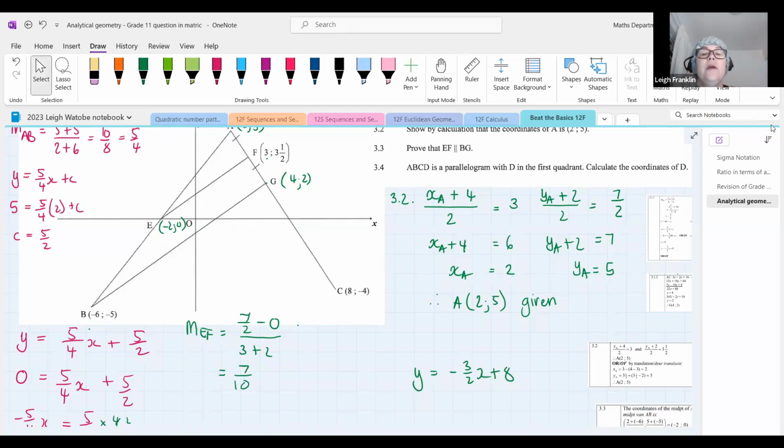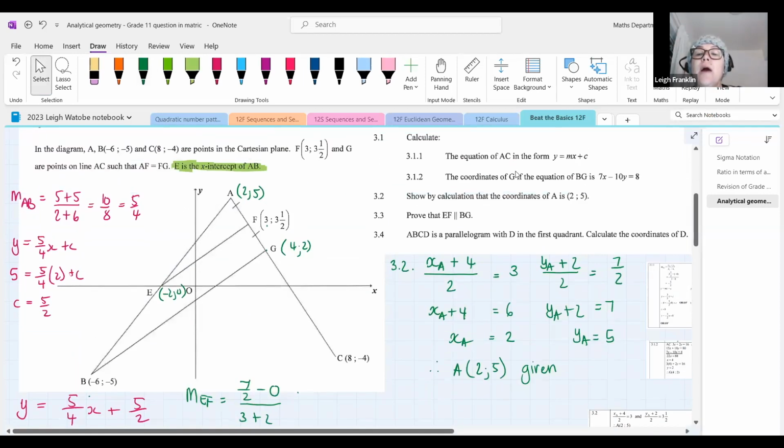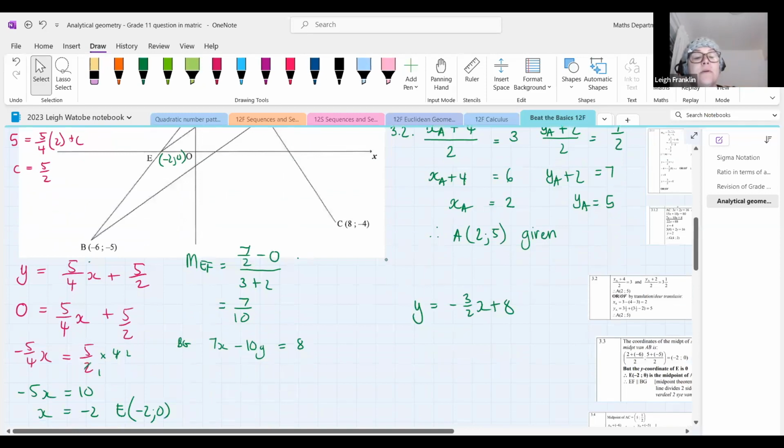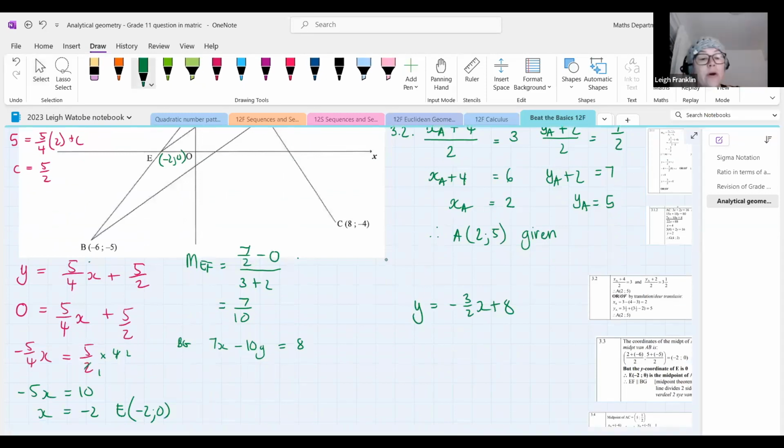And we know that the equation of line BG is 7x minus 10y equals 8. If we get that into standard form, we want 10y on its own. We would say minus 10y equals minus 7x plus 8.